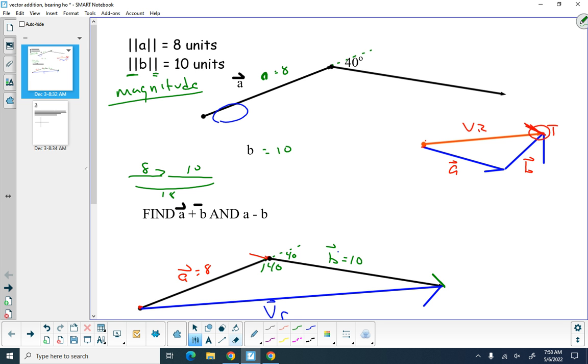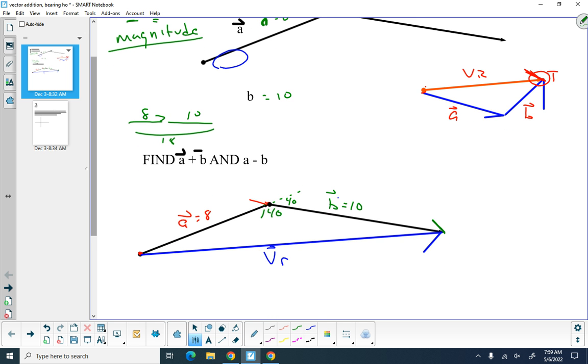What we have here, in geometry, when you're down in geometry room, we called a linear pair. And then you proved if two angles are a linear pair, then those two angles are supplementary. So if this is 40 degrees, this has to be 140 degrees, which now gives me two sides of a triangle and the angle included. I'm going to solve for the third side, which allows us to set up a law of cosines equation.